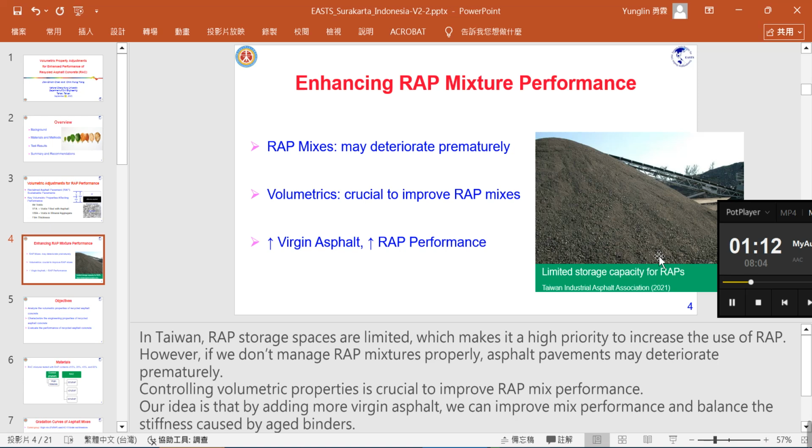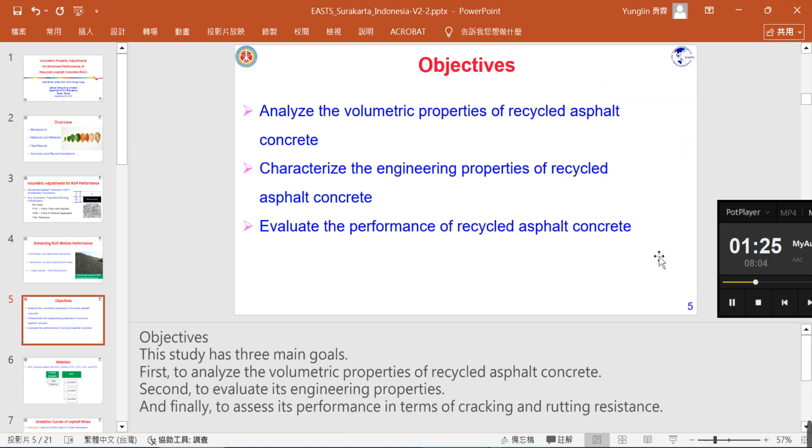Controlling volumetric properties is crucial to improve RAP mix performance. Our idea is that by adding more virgin asphalt, we can improve mix performance and balance the stiffness caused by aged binders. Objectives. This study has 3 main goals.